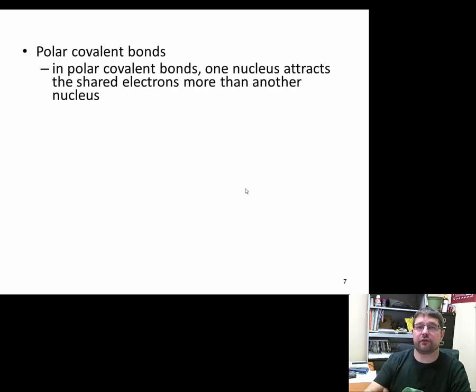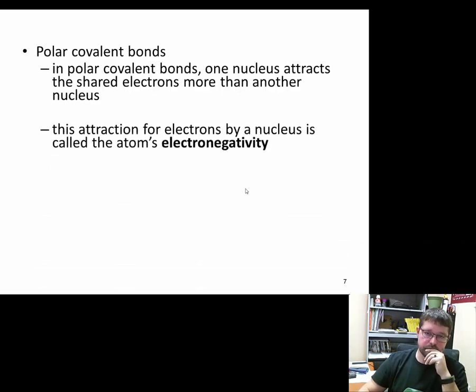Which means that one side of the molecule is going to have a negative charge and the other side of the molecule is going to have a positive charge. And again, whether this occurs or not really depends on the electronegativity of the atoms that are involved in forming the molecule.